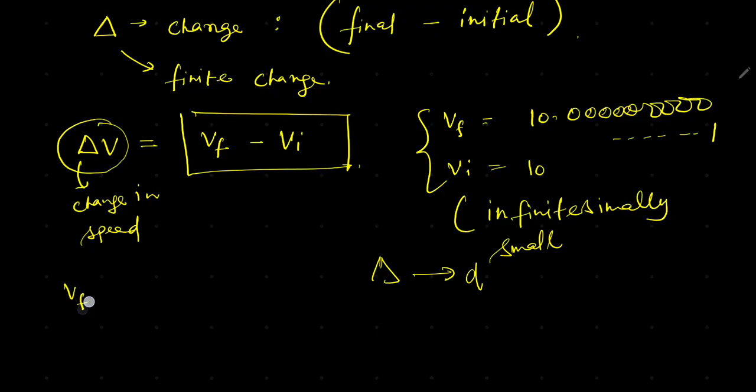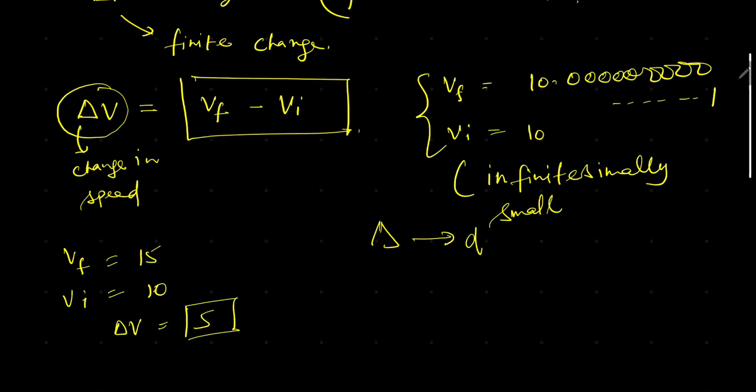Let's say if v final is 15 and v initial is 10, I can say what delta v is. We will say that it is simply 5 units, right? So there is nothing you have to think about regarding situations which are very difficult to realize or imagine, because it is an extremely easy situation.